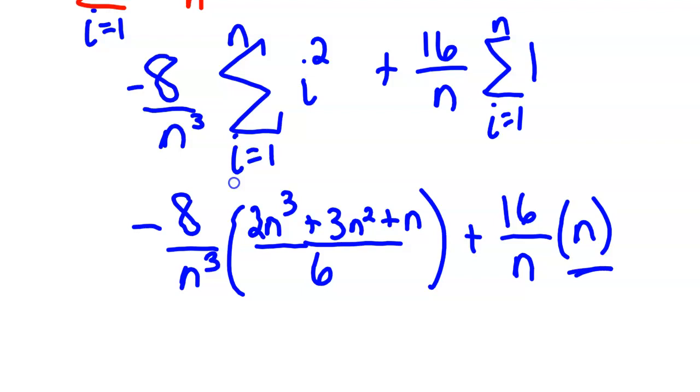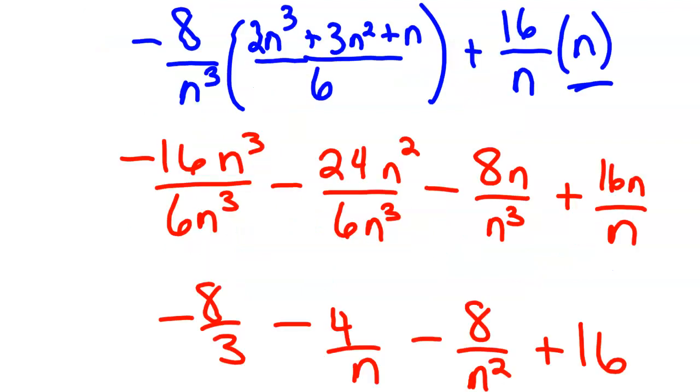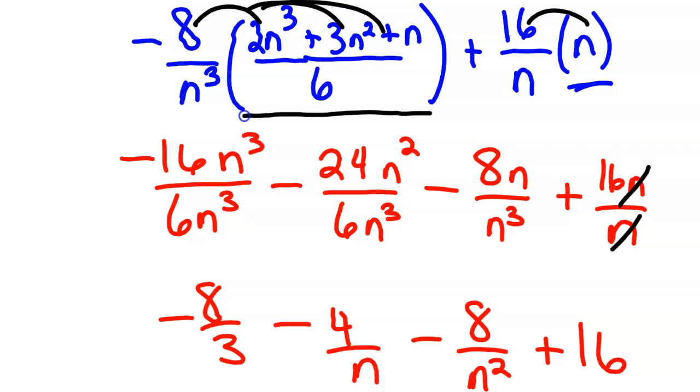And we'll just keep simplifying. And so again, we go through this thing and we simplify this down. We distribute this 8 over n cubed through all three of these, multiply the 16 over n times n, start crossing out. We're left with 16.